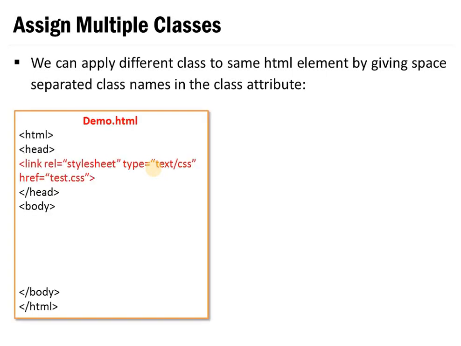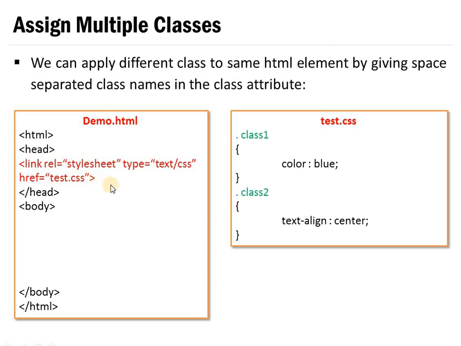So what does it mean? First, this is your HTML tag, and in the header section, in the link tag, I have set my external CSS path so I can include it. Now, in the CSS file, I have set two class selectors, class 1 and class 2.